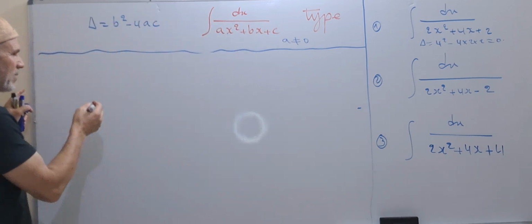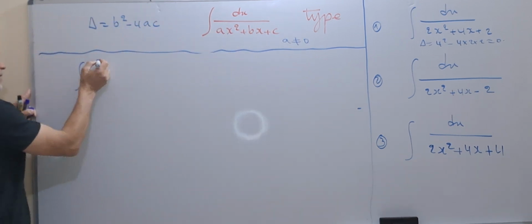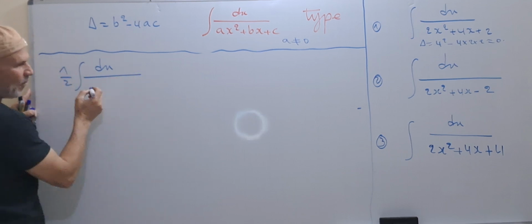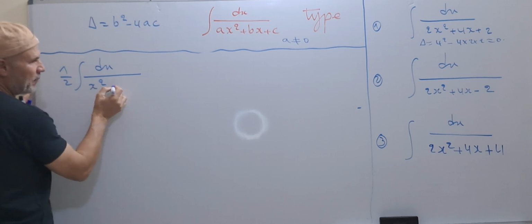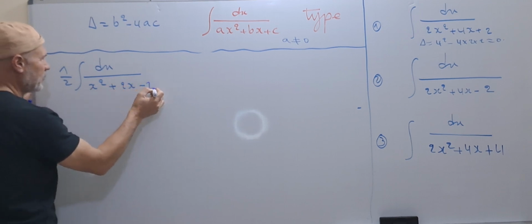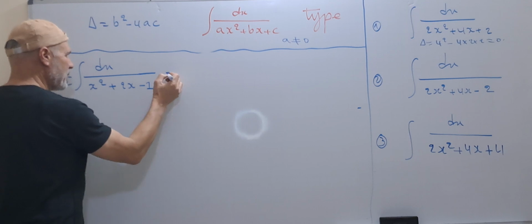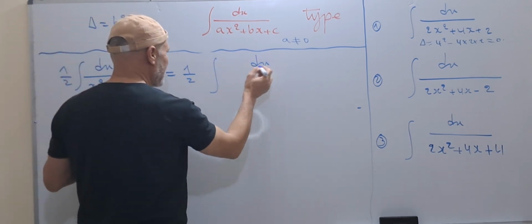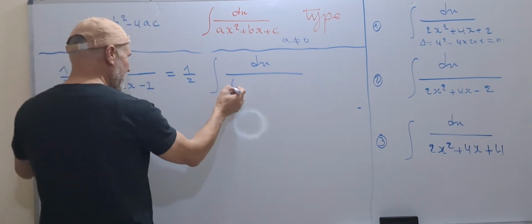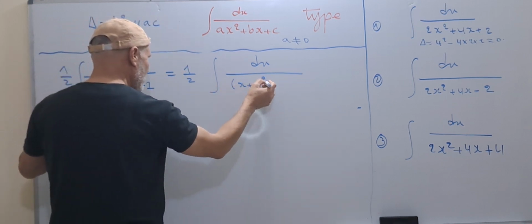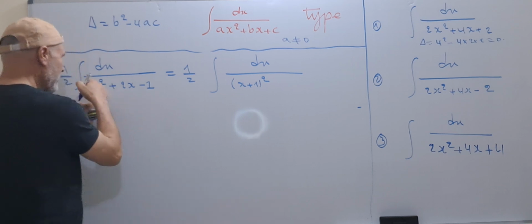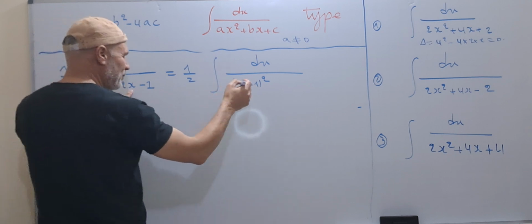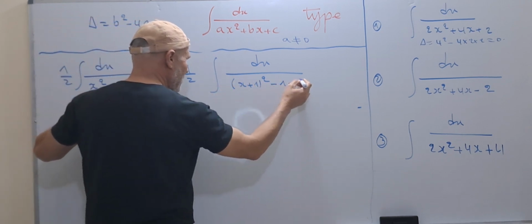For the second case, let us take dx over 2x squared plus 2x minus 1. This is equal to 1 over 2 the integral dx over, here we have (x plus 1) square, we get x squared plus 2x plus 1, so minus 1 minus 1.